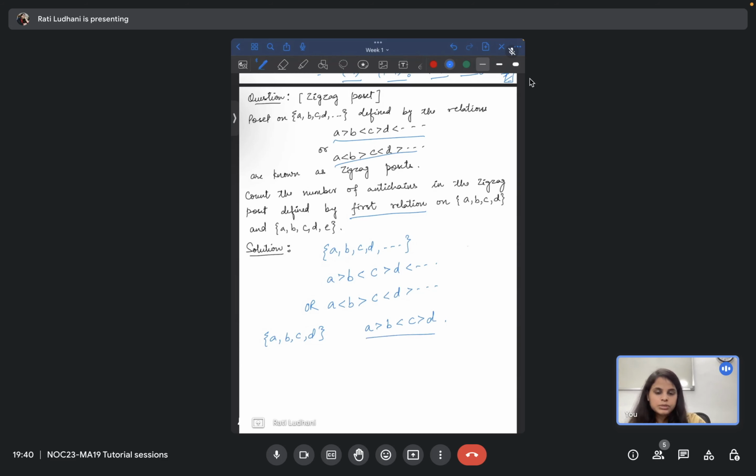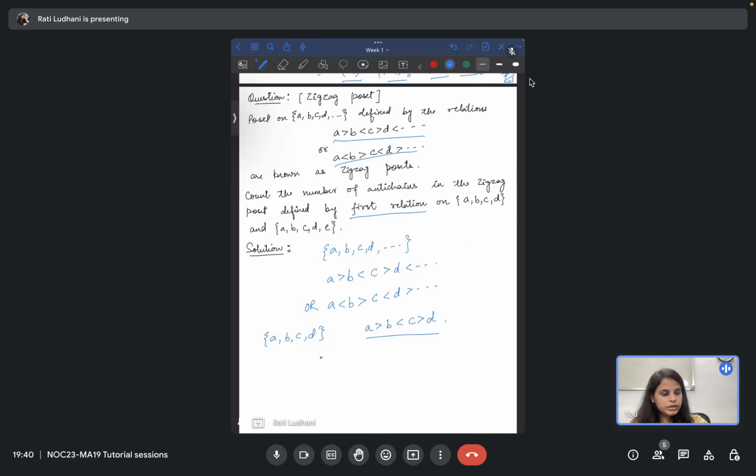Again, this is messy if you write everything abstractly, so the best approach is to construct the Hasse diagram.